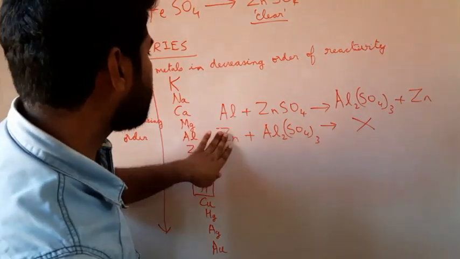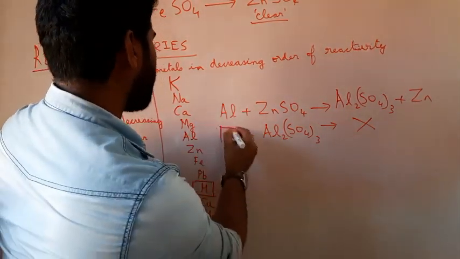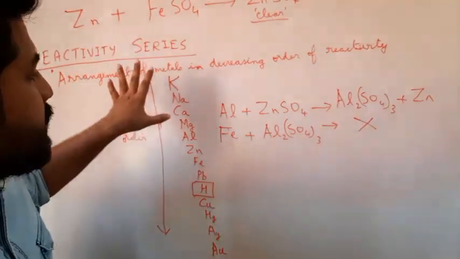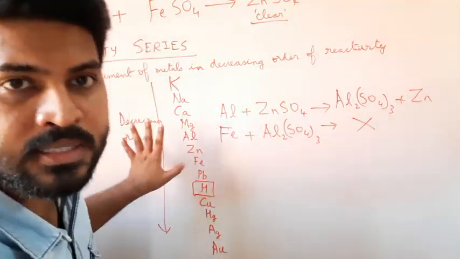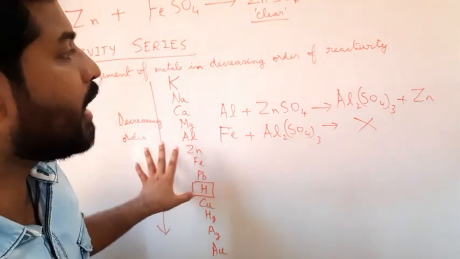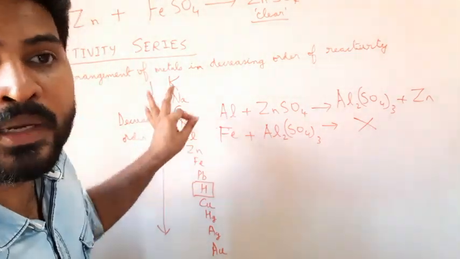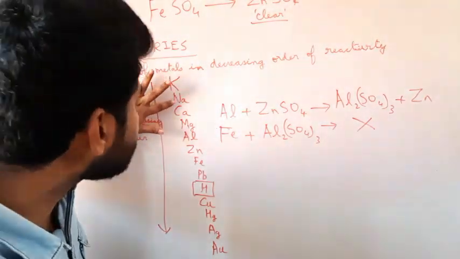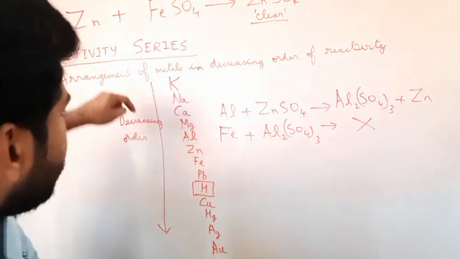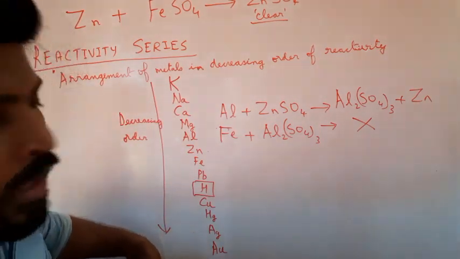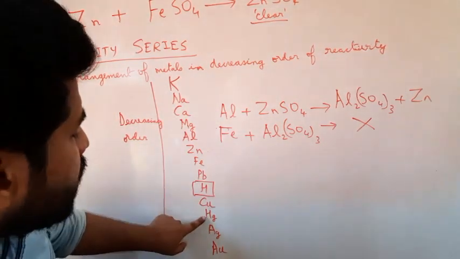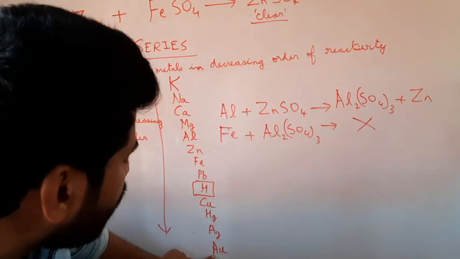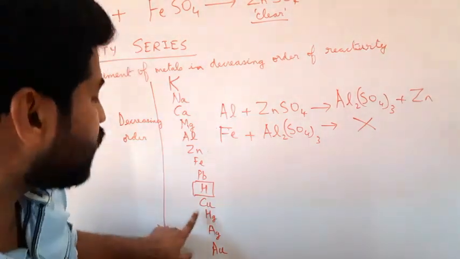Same is the case with iron. If we add iron into aluminium sulfate, there is no reaction. So this reactivity series will be very helpful in deciding the displacement reactions. The one that is placed above is able to displace the one that is placed below, and this is in the decreasing order of reactivity, where copper, mercury, silver and gold are the least reactive metals.